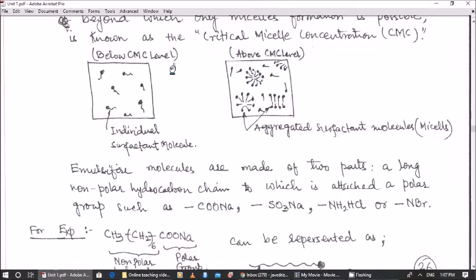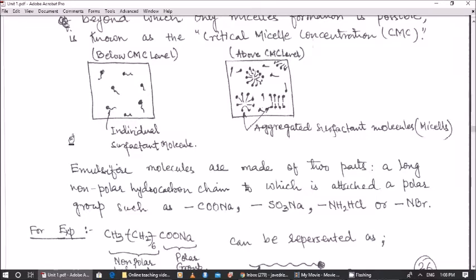But if you increase the concentration of surfactant above the CMC level, then they will form aggregates or micelles. You can see surfactant molecules come together and form aggregates. So these are the aggregates formed inside the aqueous media.